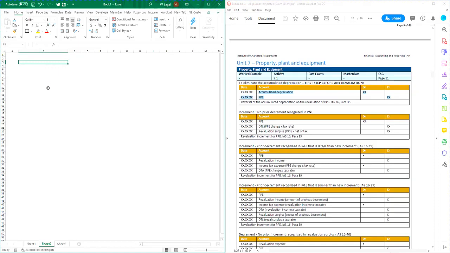I'm not going to do that in the interest of time. What I'm just going to do is copy the journals from the exam Bible. Account, debit, credit.